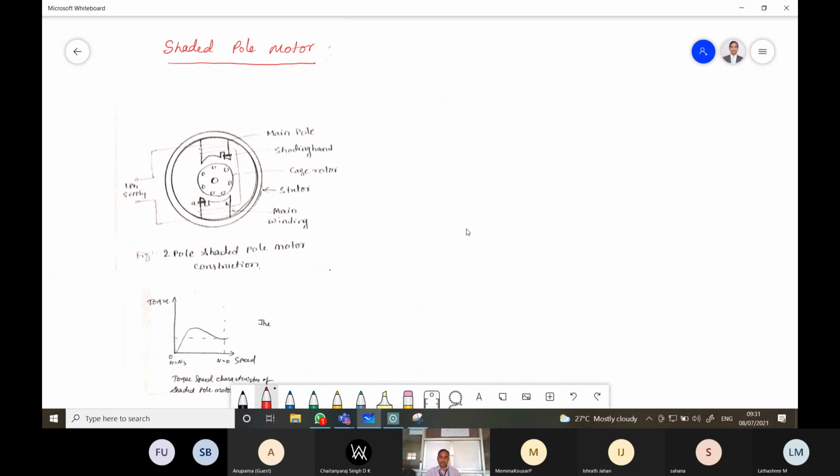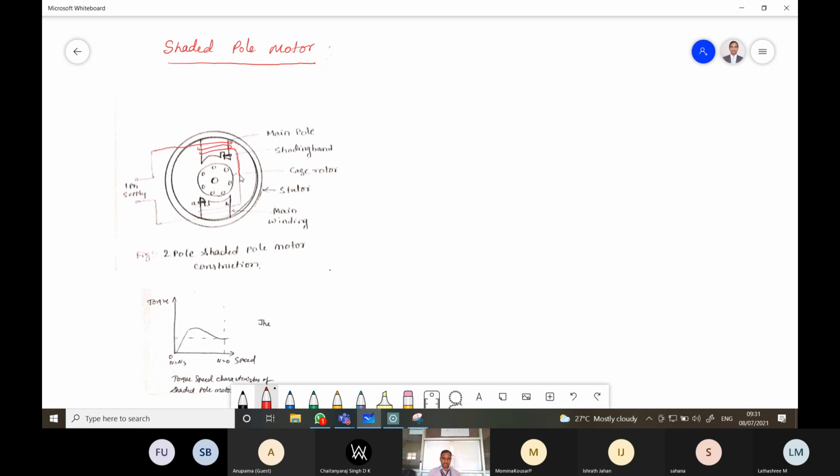In the shaded pole induction motor, the figure shows a two-pole shaded pole motor. This is the construction. It consists of main poles. So these are the main poles. The windings are also present on this, like this.